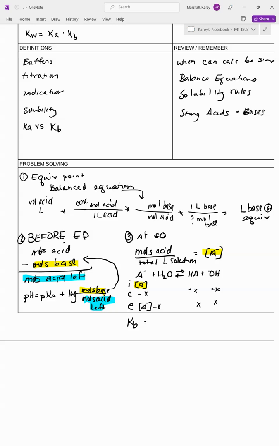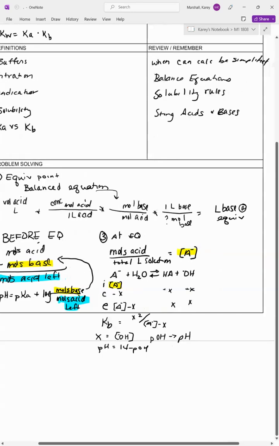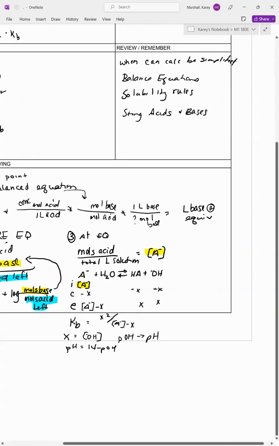So Kb is then equal to x squared over the concentration of A- minus x. You solve for x. x is the concentration of OH-. So you can find pOH, then you can find pH, because pH equals 14 minus pOH. So that's how you find the pH at the equivalence point.